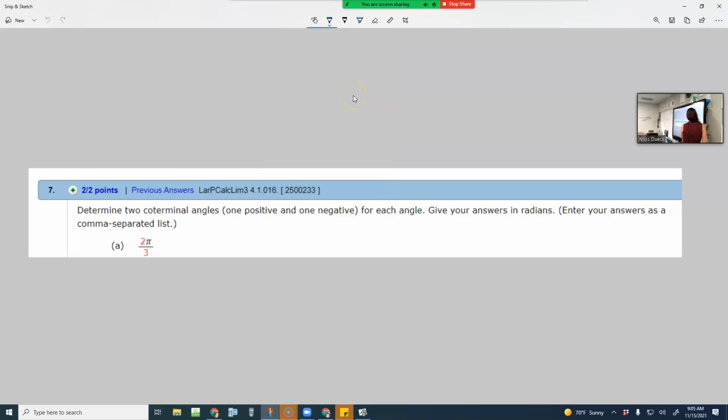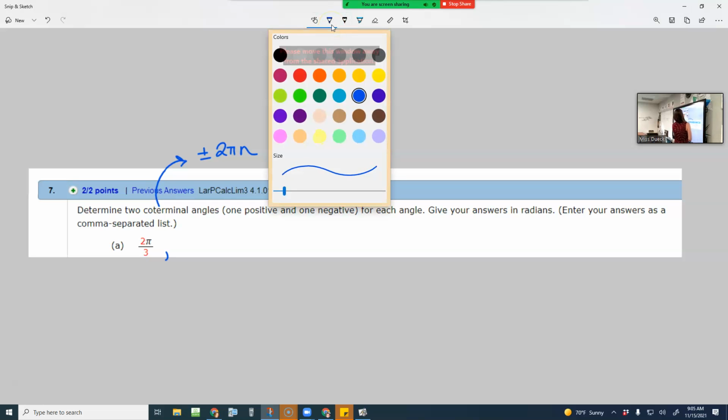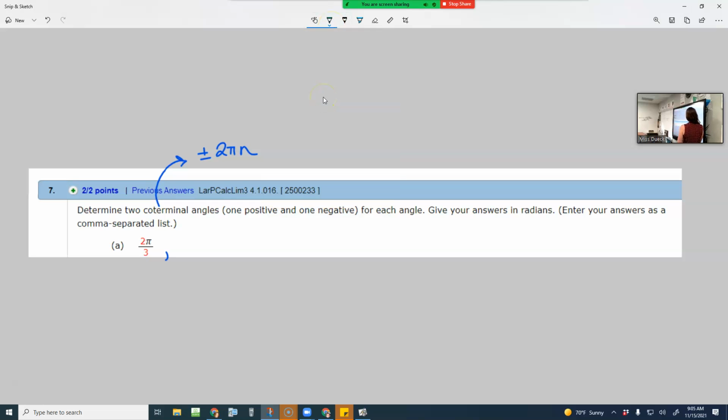What would be another angle that would land on 2 pi over 3? 8 pi. And how did you get that? Well, coterminal, it's always going to be some sort of whole multiple of 2 pi away. And that could be a plus or a minus. So if I want to add 2 pi, hey, my guys in the back, what would 2 pi be in terms of thirds? Oh, I got you. How many thirds would that be?